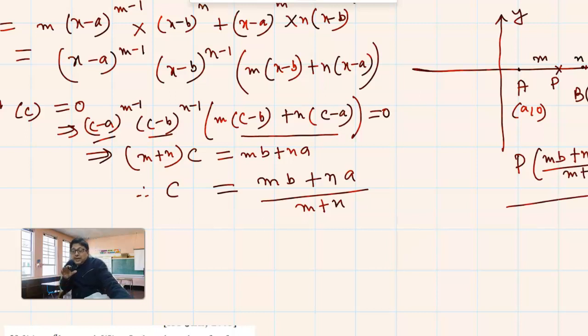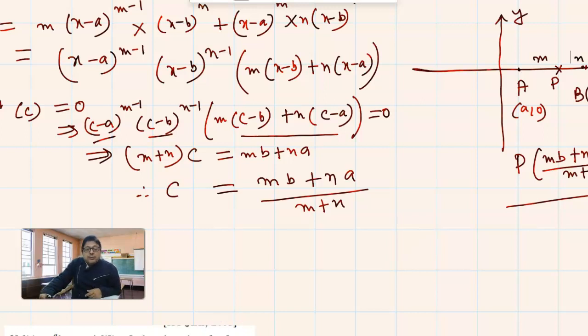So everyone can say that the value of c will lie in between a and b, because c is obeying this section formula, c = (mb + na)/(m + n). Alright.